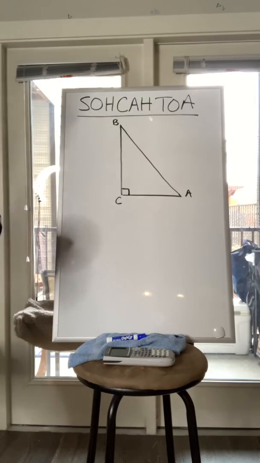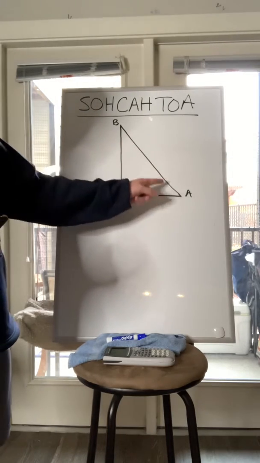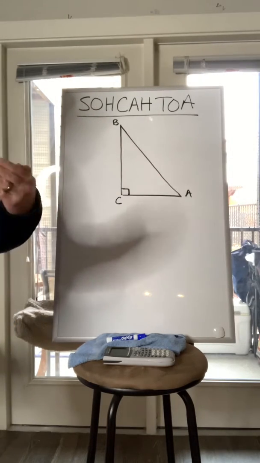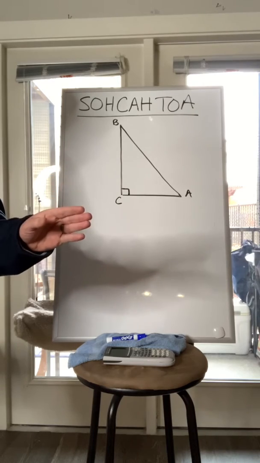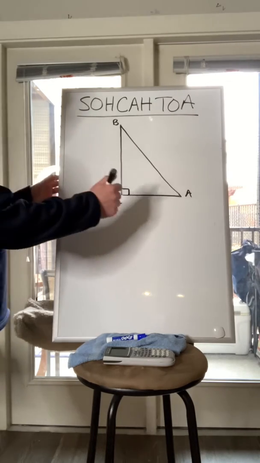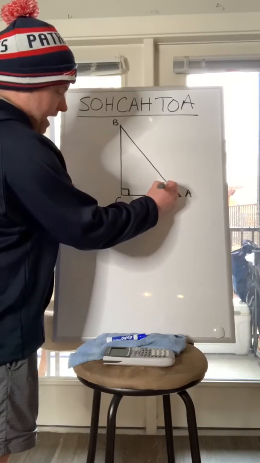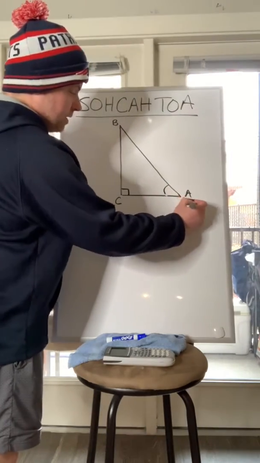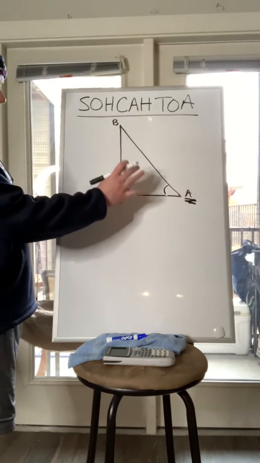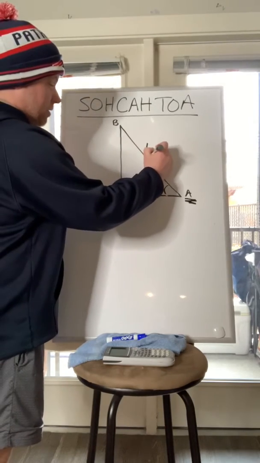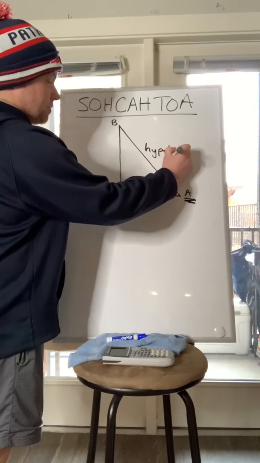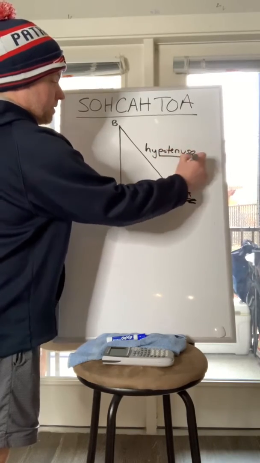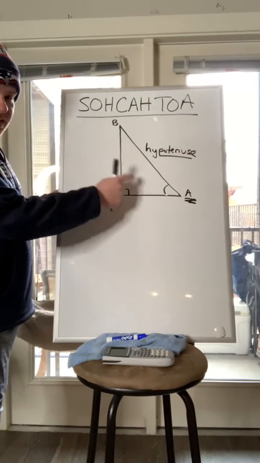So in a right triangle, each acute angle has three ratios that we can write based on the sides. So for example, let's choose angle A here. If we're talking about angle A, the three sides can be labeled: this is the hypotenuse, we know that. And these are the legs.